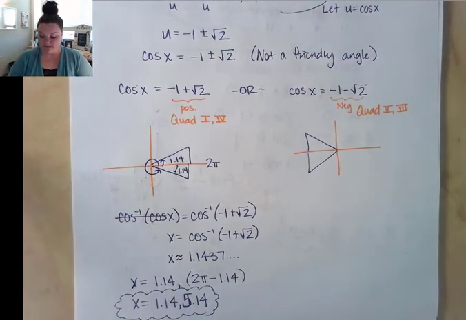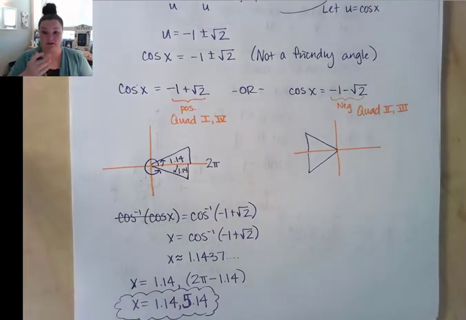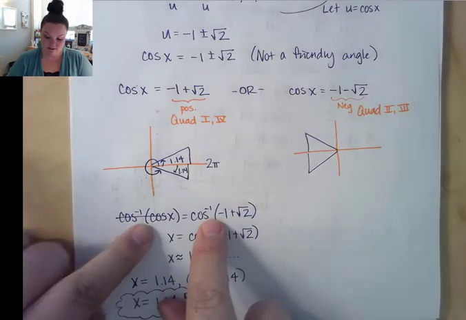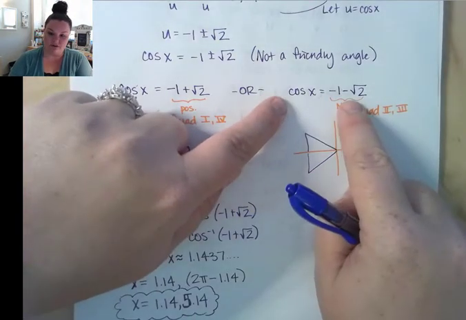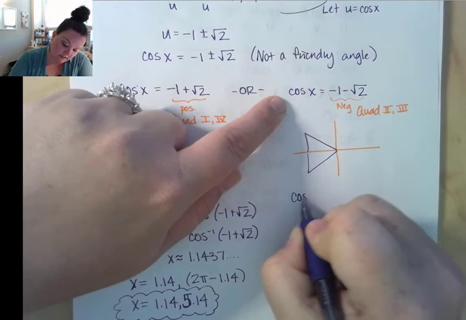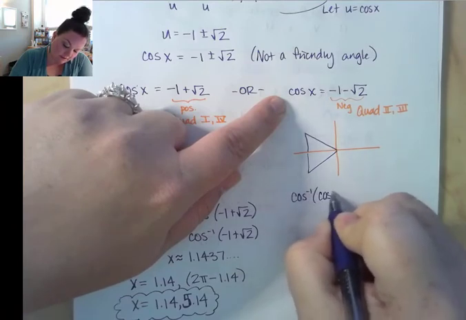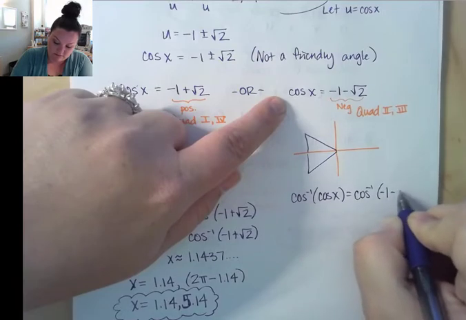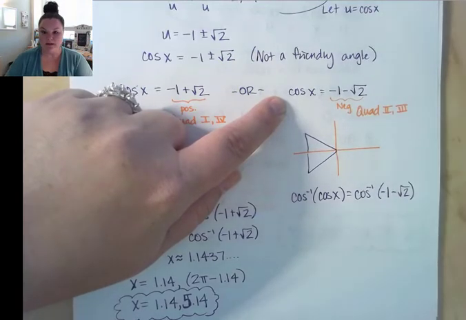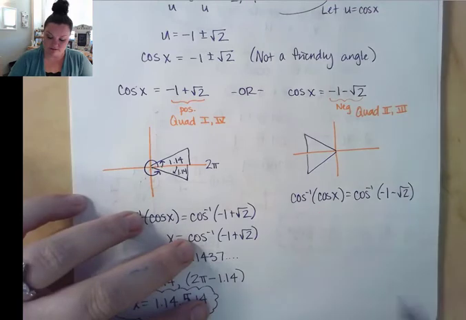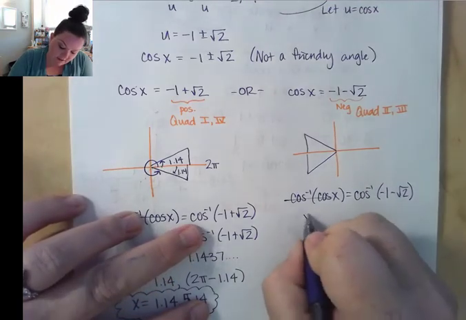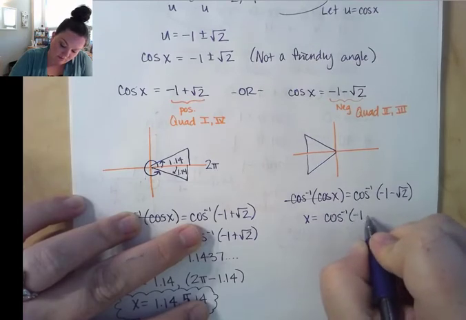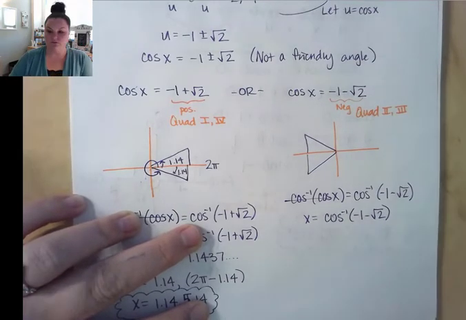So let's see if we can solve this one just like we solved the other part. We take cosine inverse of both sides. Cosine inverse of cosine x is equal to cosine inverse of -1 minus square root of 2. The cosine and cosine inverse on this side cancel, so x is equal to cosine inverse of -1 minus the square root of 2.